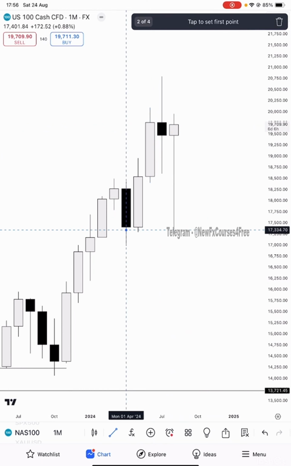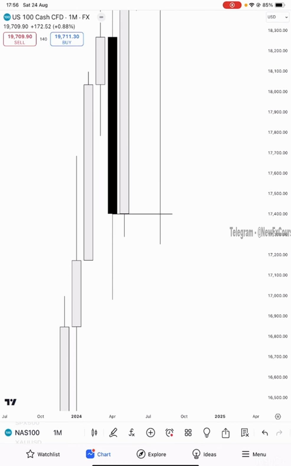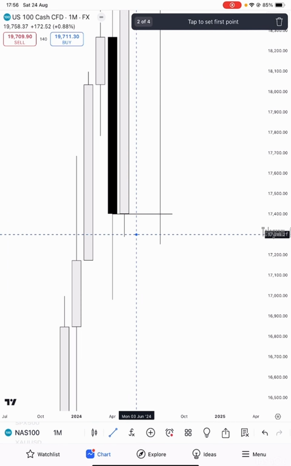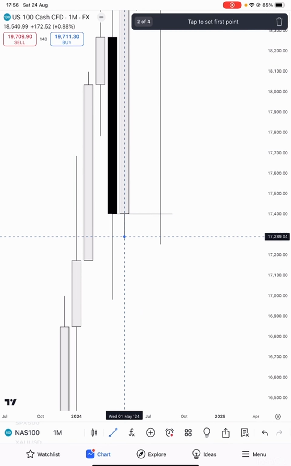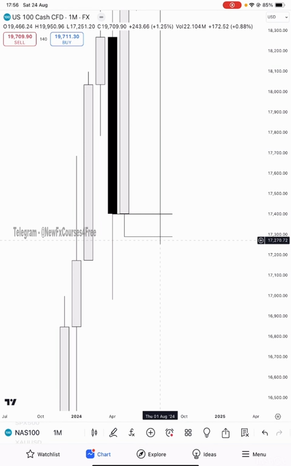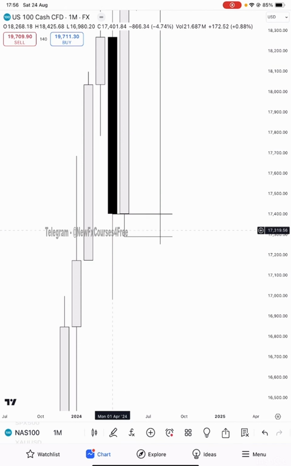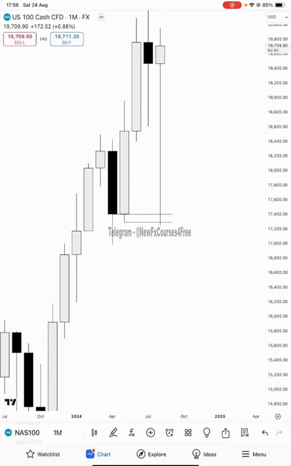While Nasdaq, because it's weaker, reached the rejection block and took the small candle, the small wick before the long wick. And this is a cheat code to turtle soup.